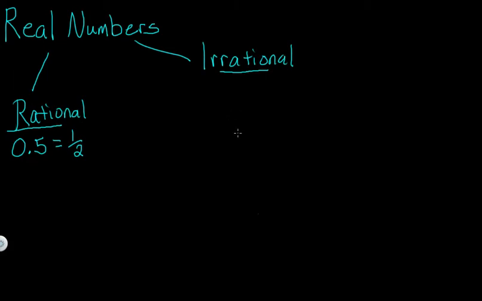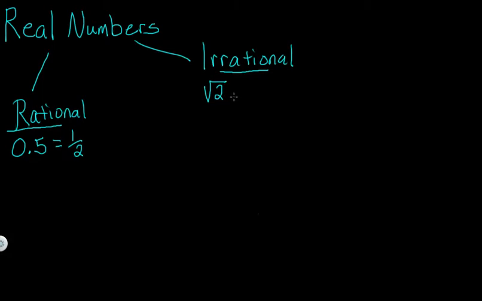In contrast, an irrational number cannot be found as the ratio of two numbers. So basically, you cannot create a fraction that is equivalent to an irrational number. You can always create a fraction that is equivalent to a rational number. An example of an irrational number is something like the non-perfect square root. So for example, if I have the square root of 2, the square root of 2 is asking the question, what number times itself is equal to 2?